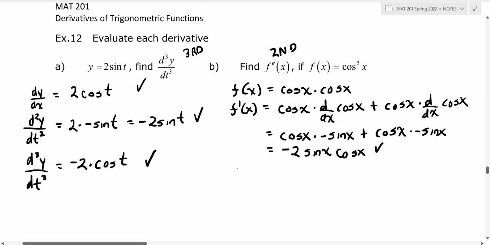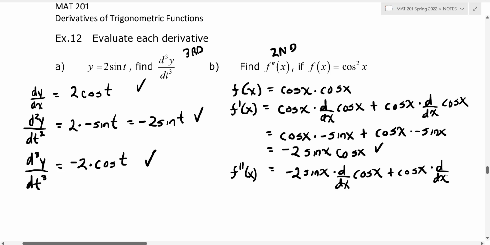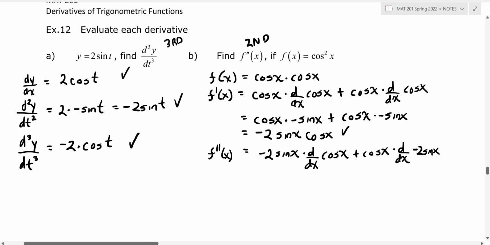Now we're ready for the second derivative, which is going to be another product rule. Negative 2 is a constant, so I'm just going to write that down. I'll treat the first as negative 2 sine x, and multiply by the derivative of the second. Then I'll do it backwards: the second, multiplied by the derivative of the first. Then we simplify.